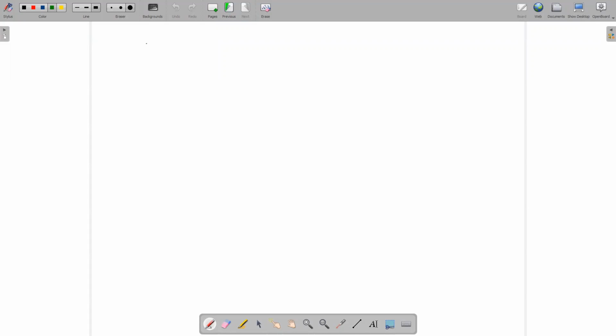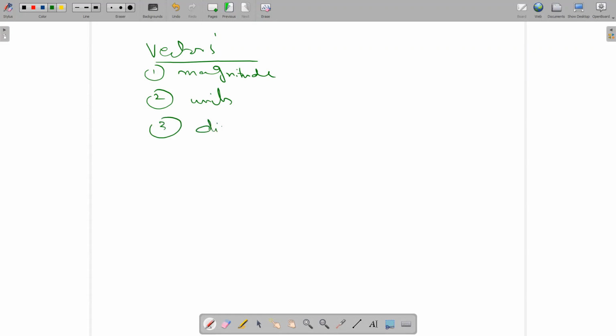So I am coming towards the vectors. See the vectors. When we are seeing vectors, we normally need 3 things. One is the magnitude or the numerical value, number 2 units, and number 3 direction.